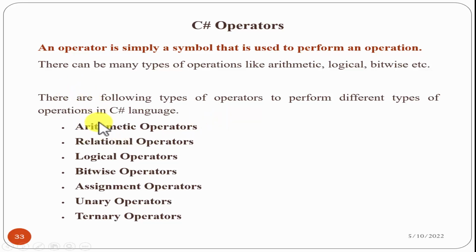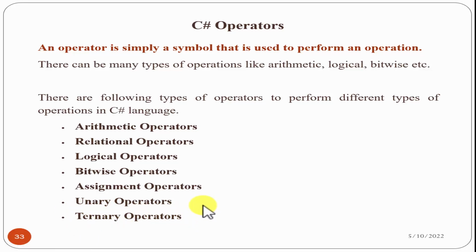All of these operators, arithmetic, relational, logical, bitwise, assignment, are binary operators. Increment, decrement, logical NOT, sizeof, negative, all are unary operators. Whenever we have three operands to perform any operation, we use ternary operators. So here we can categorize in a broad way into three types.